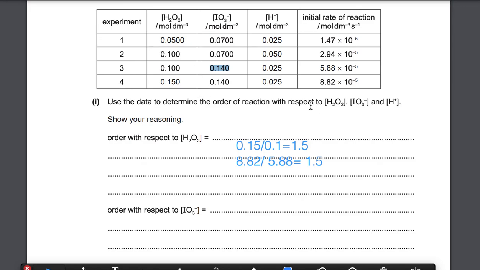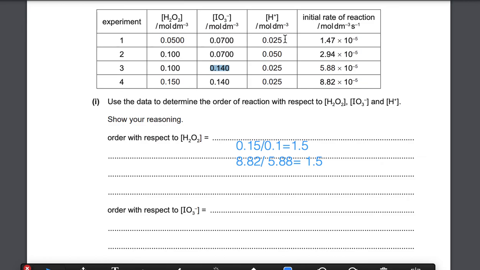Okay, so what we do over here is let's check for IO3 minus. So for different concentrations, we know that this is a first order reaction for this one, right?